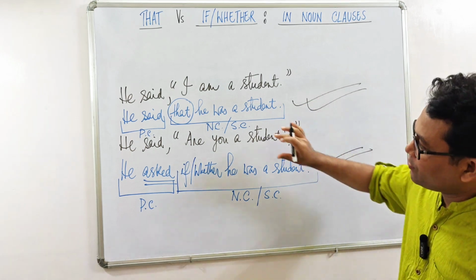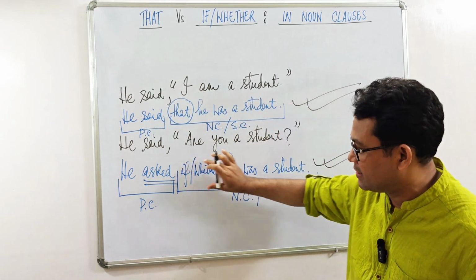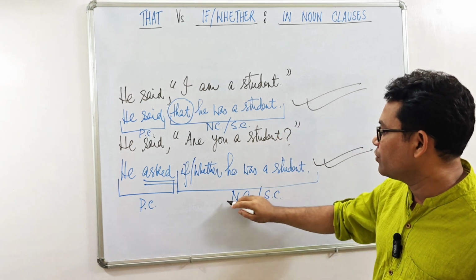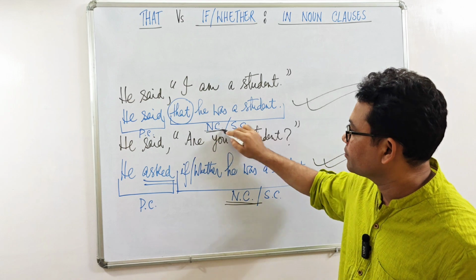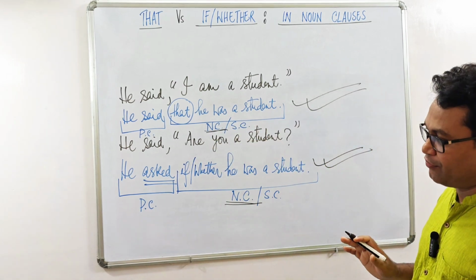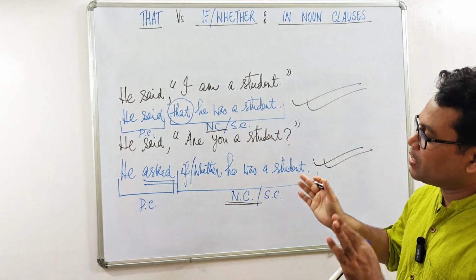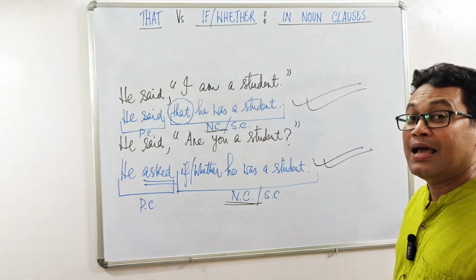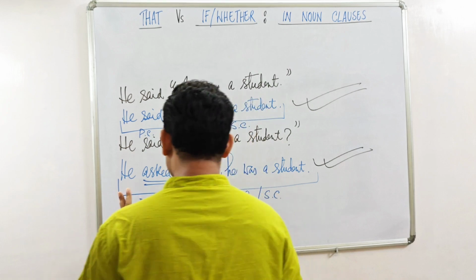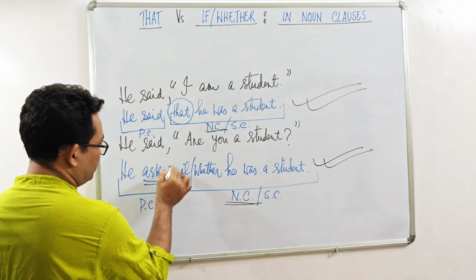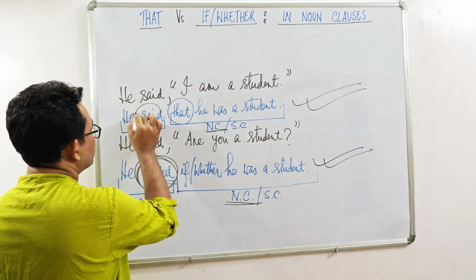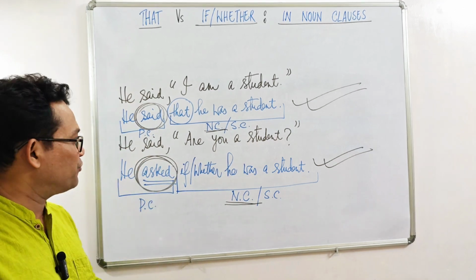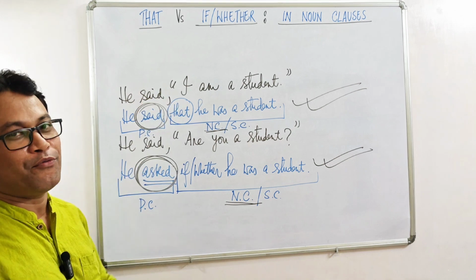So the rule is, if we construct a complex sentence where the subordinate clause is nothing but a noun clause, okay, and if the noun clauses begin with any one of these three conjunctions, either that or if or whether, then remember the principal clause verb, it determines whether we have to use that or if or whether.